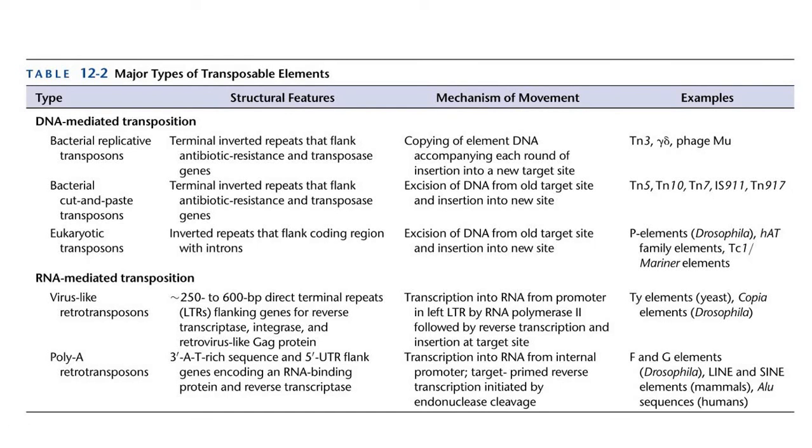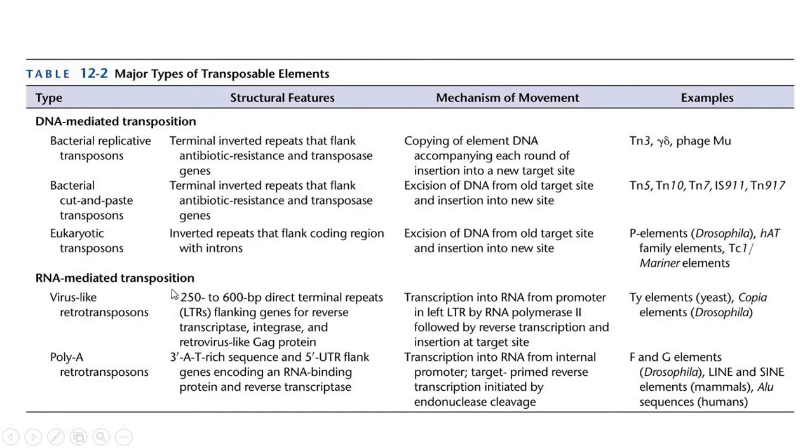When we talk about eukaryotic DNA-mediated transposons, P elements of Drosophila are one of the most commonly used. HAT family members, one of the examples that we talked about, are Mariner elements. The T comes from the TC.